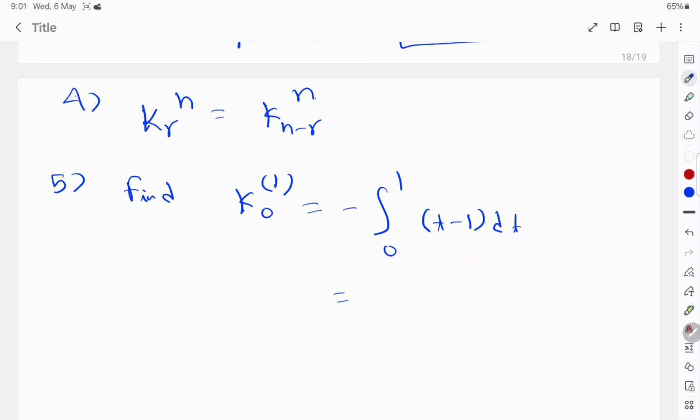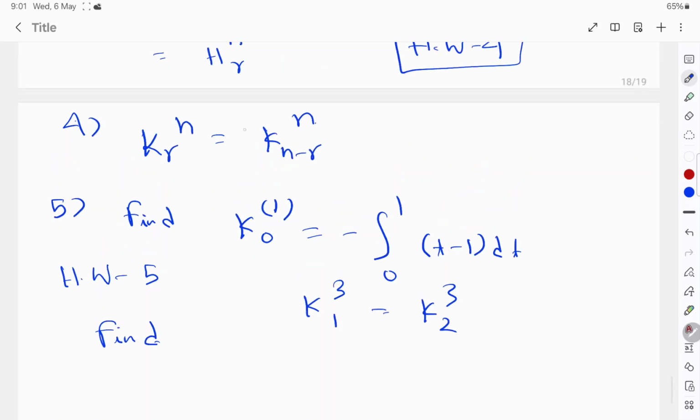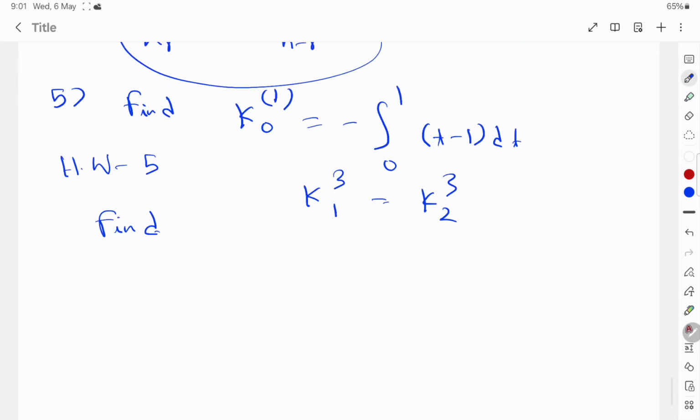So if you use it, you will get the value. Similarly your homework 5 is find K_0^3. Similarly if you find, suppose, K_3^1, from there you can say K_3^2 will be the same, right? Because using this formula. So this type of trick you have to use.